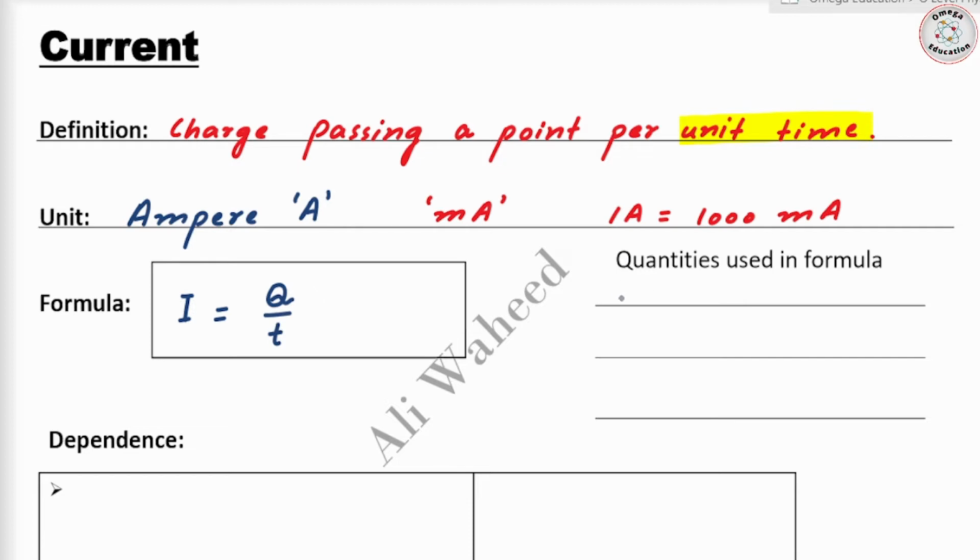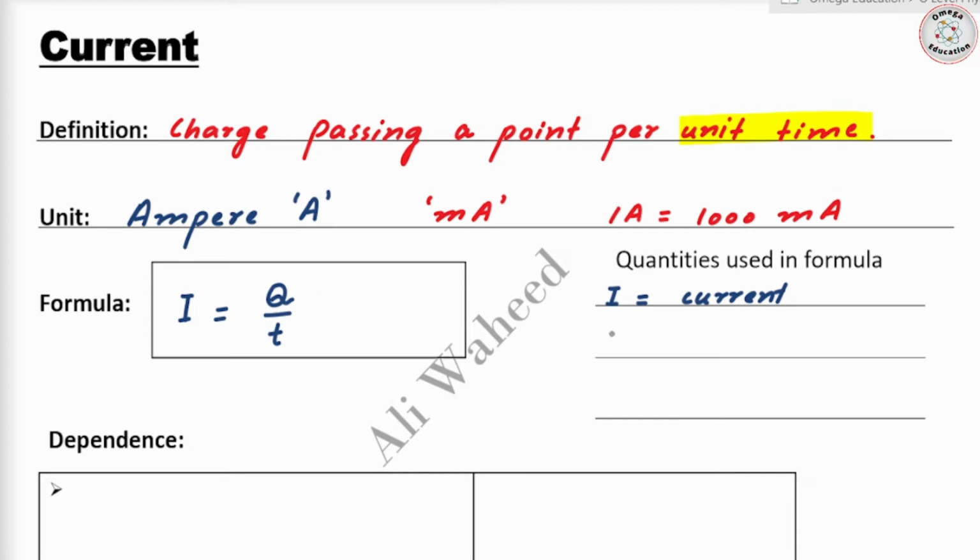The quantities used in this formula: I represents current, electric current. It is recommended that you write electric current, because the word current, if you read in the dictionary, means the flow, how quickly something changes. So that means motion. It is related to movement.